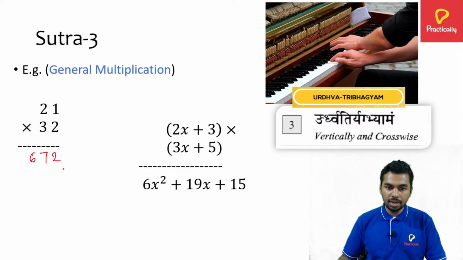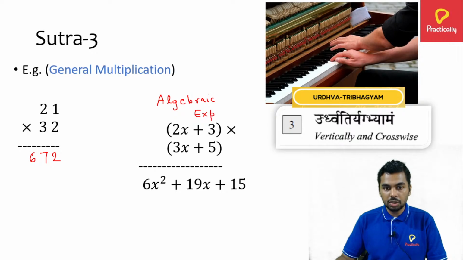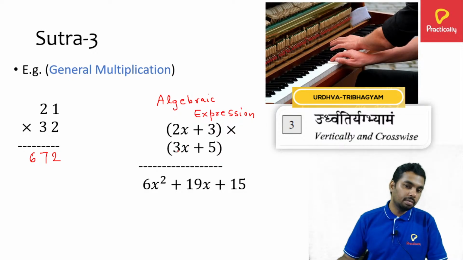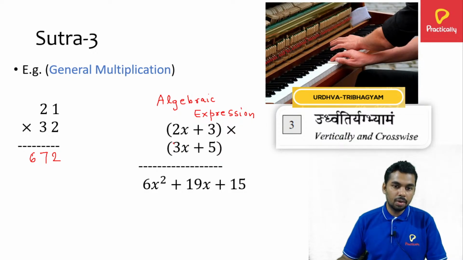All right, I'm going to the next example. It's already solved for you. I'll just revise. Yesterday we talked about algebraic expressions. Algebraic expressions are expressions where you have this alphabet x in it. Whenever you have this alphabet x, you have to consider vertically and crosswise as we have discussed before. So 2x is there, 3x is there, 3 and 5 are there.